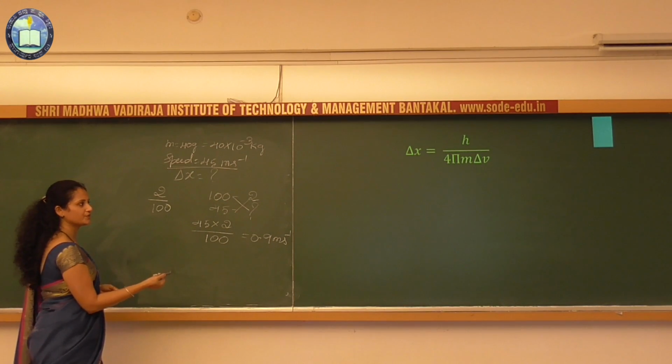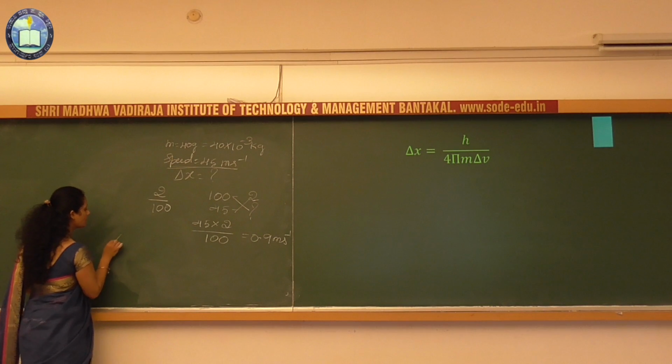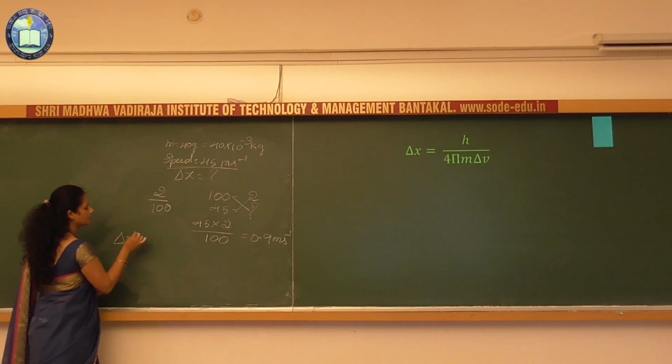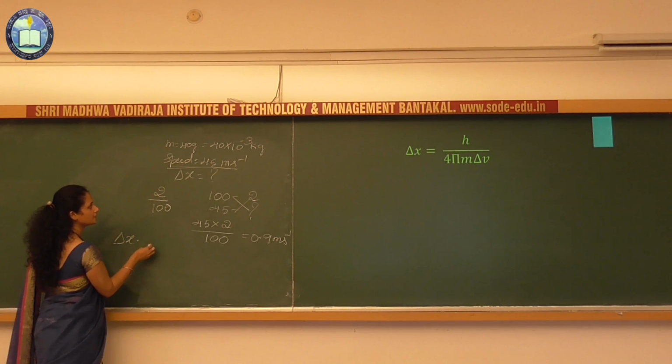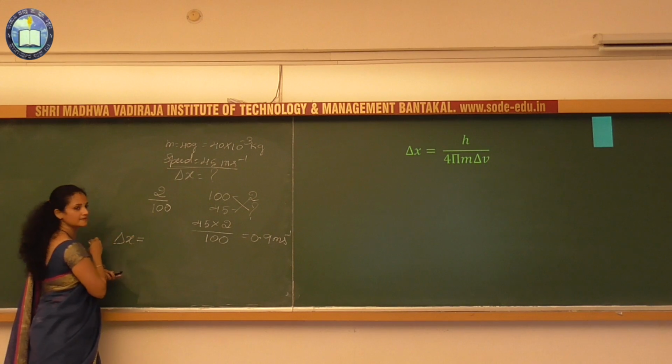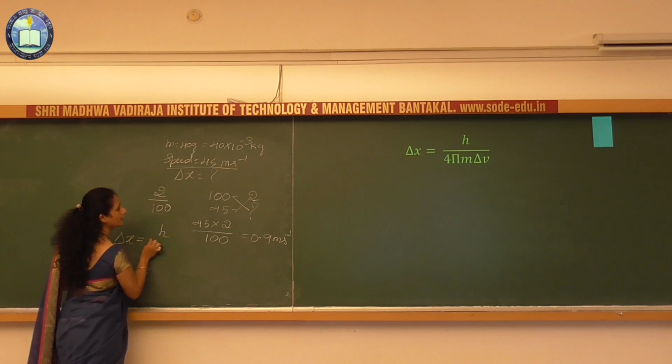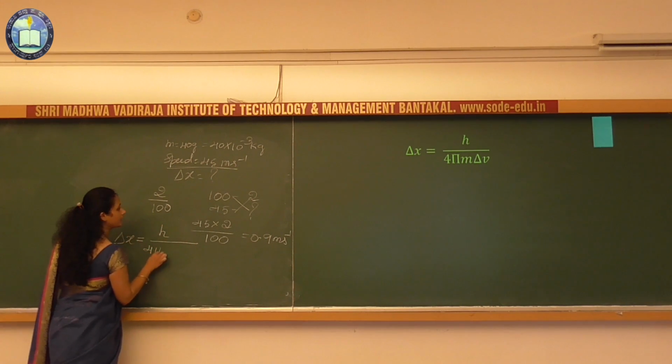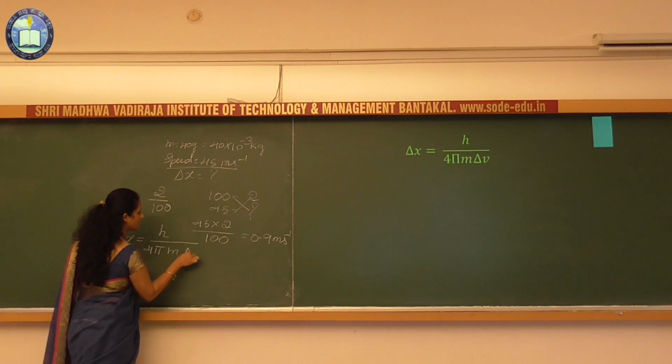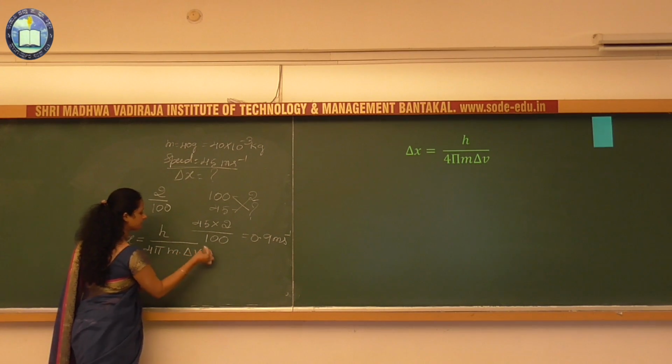Which formula do we have to use? The same, we have to calculate delta x, you know. So delta x is equal to h by 4 pi m into delta v.